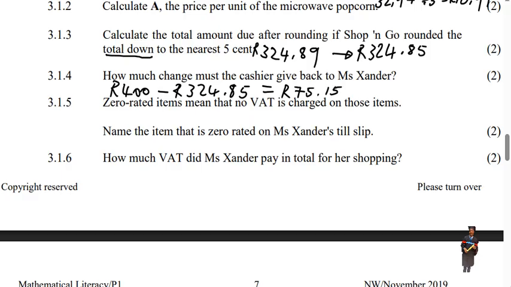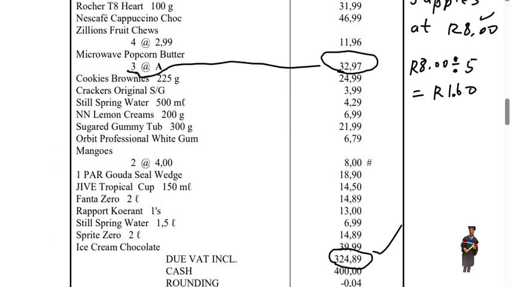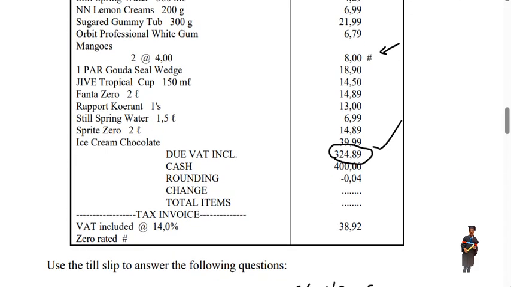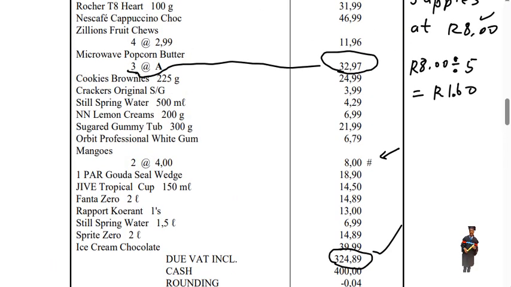Okay, now zero rated items mean no VAT is charged on those items. Name the item that is zero rated on Miss Shanda's slip. You go look for the zero rated. Zero rated are those items we do not pay VAT for. We can see the items that we do not pay VAT for by looking at the hash in this till slip.